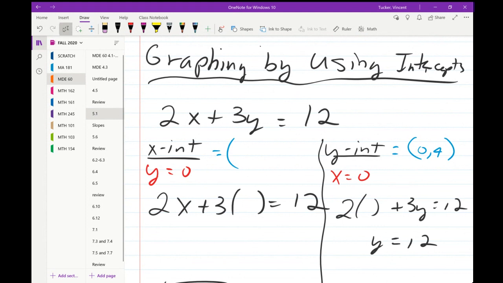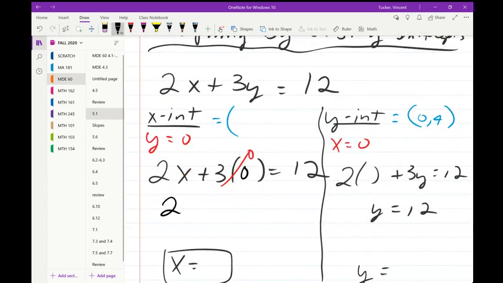X-intercept: if we want to find your x-intercept first, let y be equal to 0. That means we're going to plug in 0 for y. So 2x plus 3 times 0. 3 times 0 is 0, and that leaves us with 2x equal to 12.